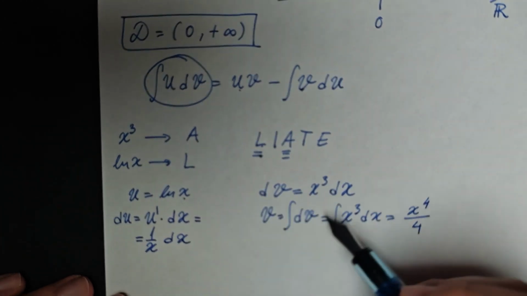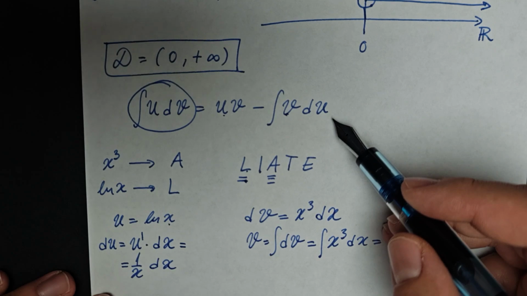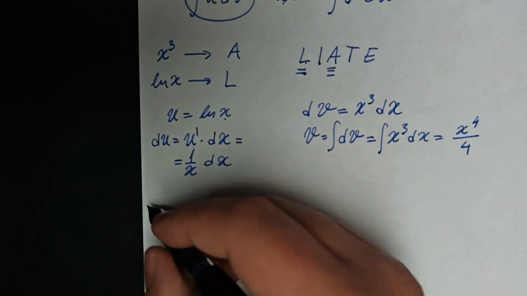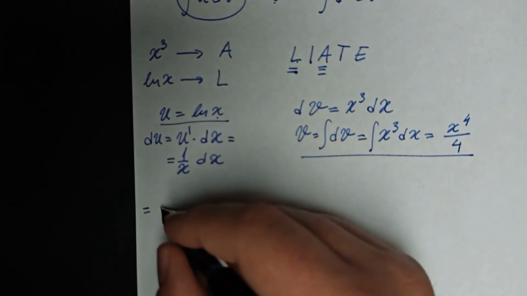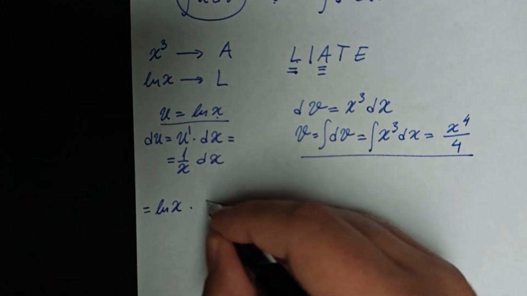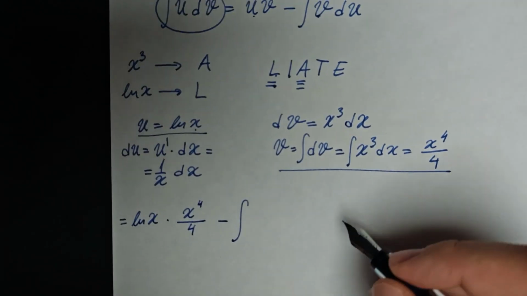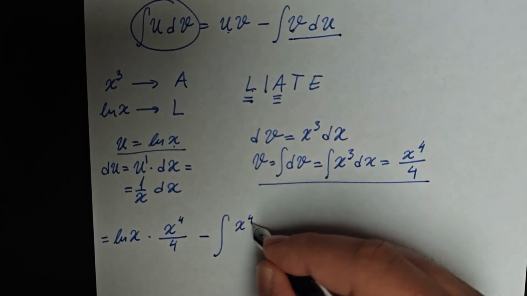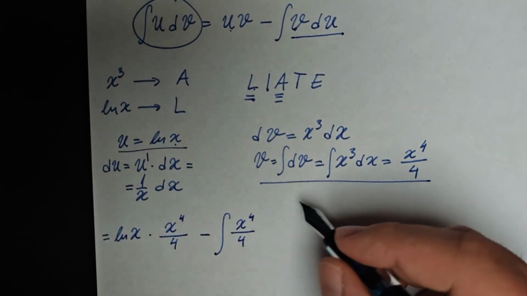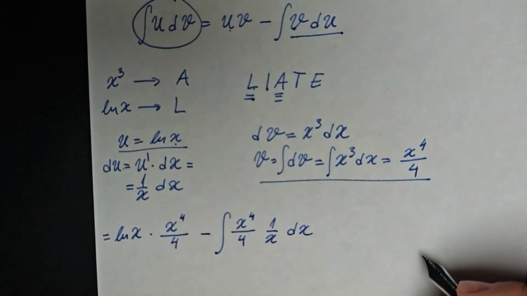So let's plug all of this information which we have into the integration by parts formula. The integral becomes u multiplied by v, and that is ln of x multiplied by x to the fourth power divided by 4, minus the integral of v du. v is x to the fourth power divided by 4, and du is 1 over x dx.